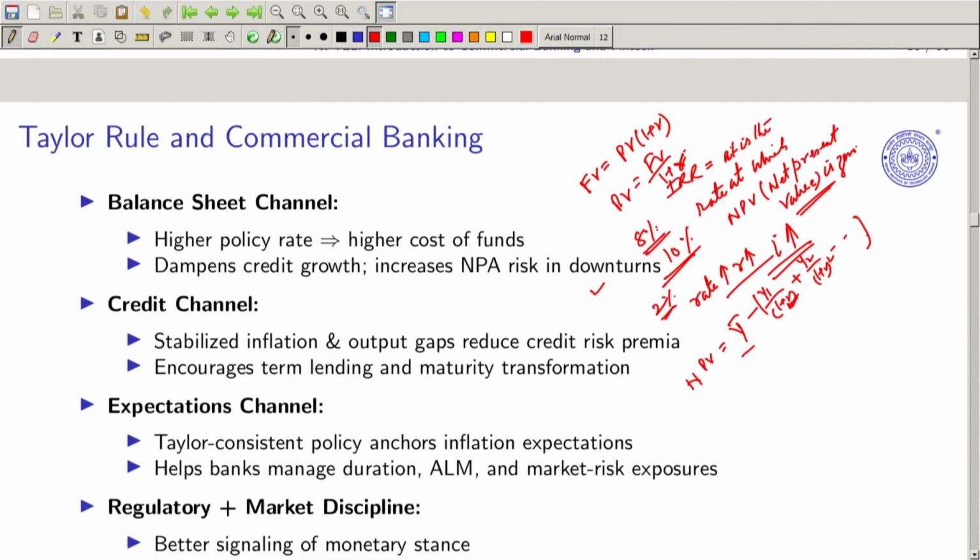But if the rate of interest is again higher, the spread comes to 1%. Now you have to see whether this project is viable or not. So in that case, expectations play a very important role. I think I have already mentioned how it impacts the overall borrowing and lending scenarios.